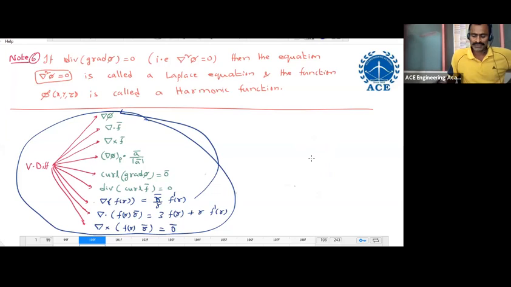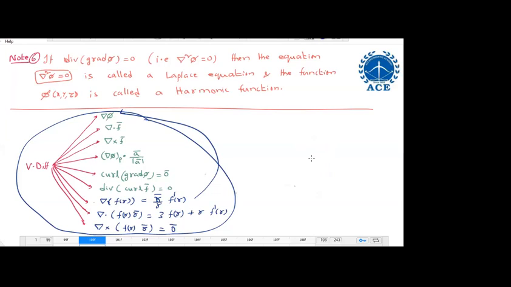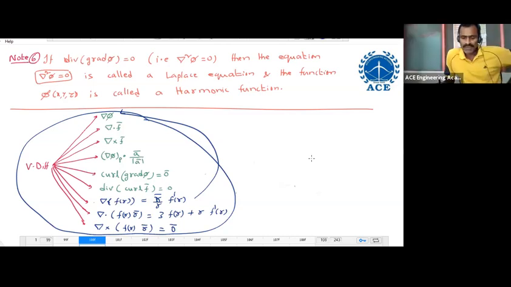And sir, harmonic function here means what, sir? Solution of the Laplace equation. Sir, in note point number 6, what does harmonic mean physically? You will find the physical meaning on this page, in the EMTL subject.